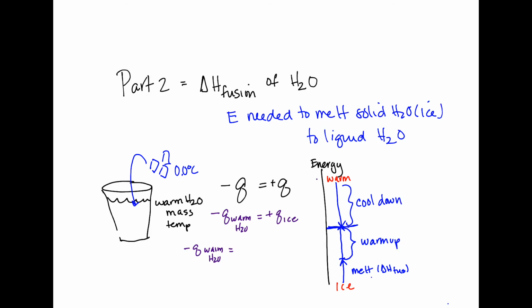Now remember, back when we were talking about thermochemistry, we talked about any time we're trying to warm something up or cool something down, that's a temperature change. And the equation that we use to figure out how much energy it takes to warm something up or cool something down is C times M times delta T. Those variables are the specific heat, that's C, M is the mass, and delta T is the change in temperature.